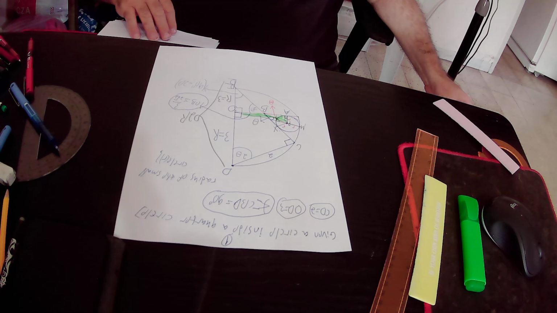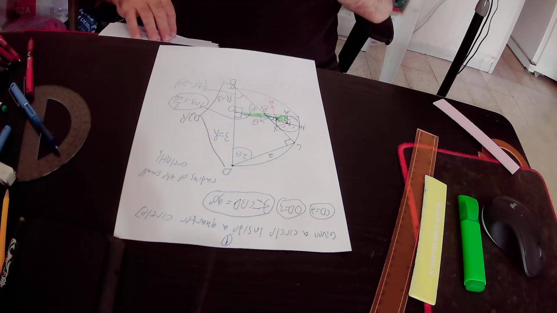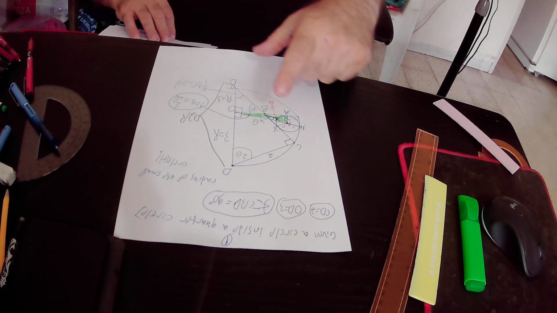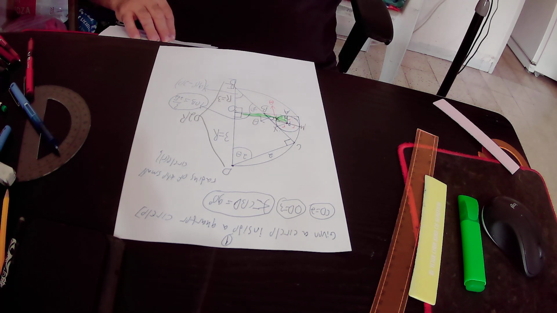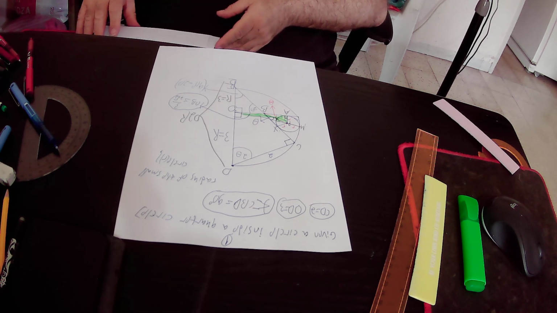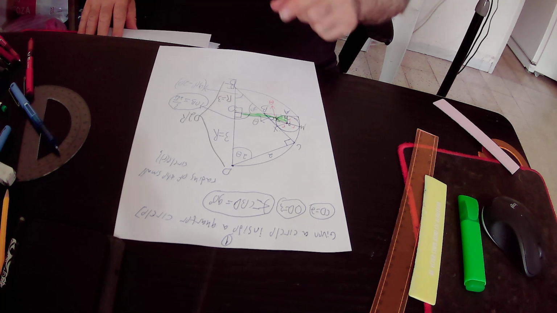Okay, and then we completed the quarter circle to a semicircle, and we know that DE is the diameter of the semicircle. Therefore, it is a straight line, and we have a rule that the sum of the angles on a straight line is equal to 180 degrees.